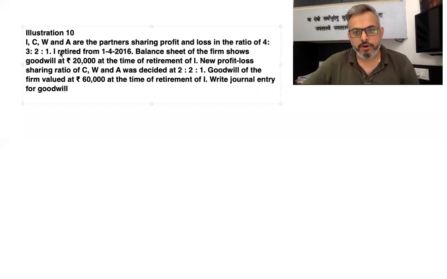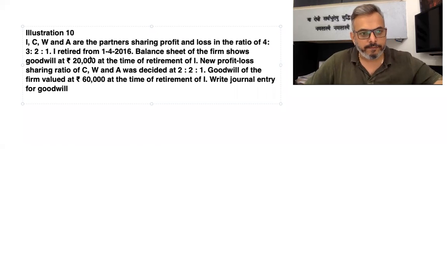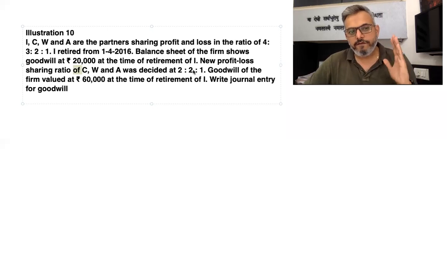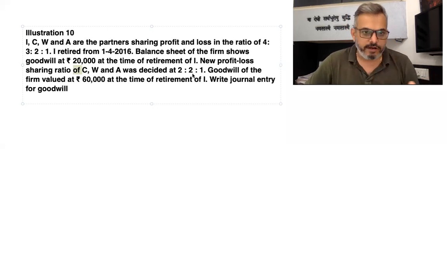I, C, W, and A are partners sharing profit and loss in the ratio of 4 is to 3 is to 2 is to 1. I retired from 1/4/2016. Balance sheet of the firm shows goodwill at 20,000 at the time of retirement of I. So here we have old value of goodwill which will go to old partners in old profit sharing ratio.